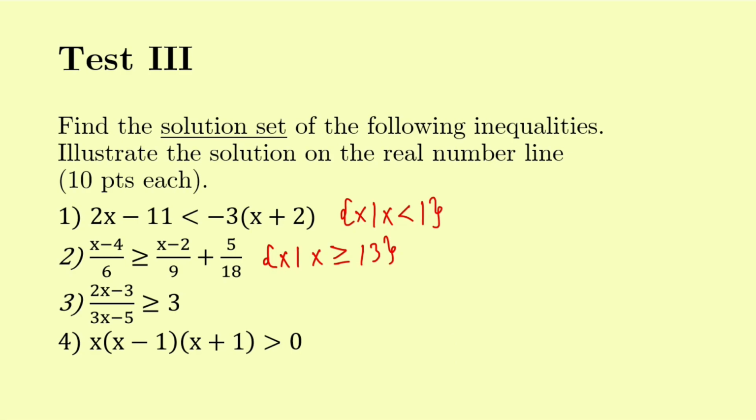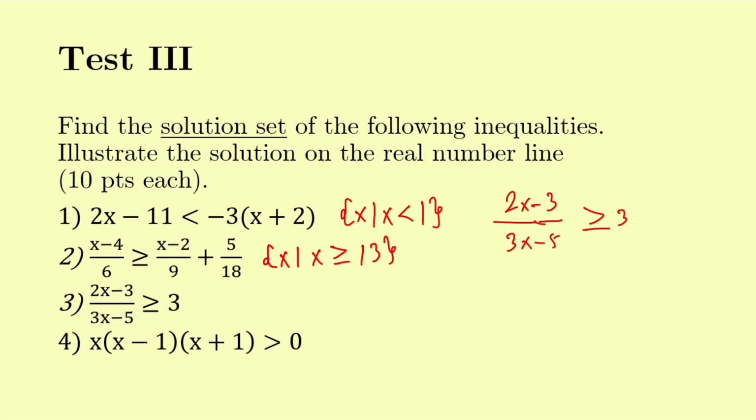2x minus 3 all over 3x minus 5 is greater than or equal to 3. This time, if we are multiplying, kasi si 3x minus 5, since x is a variable, 3x minus 5 may also vary, no?